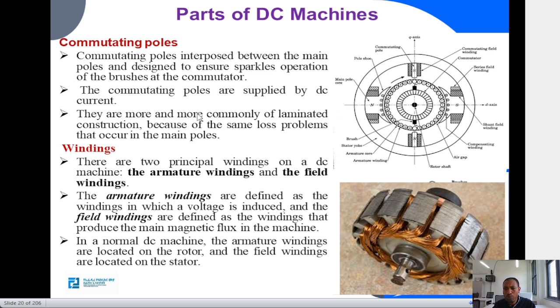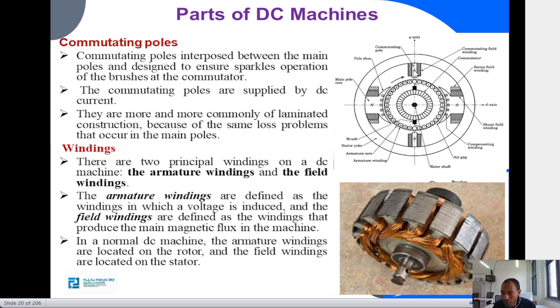The commutating poles are supplied with a DC machine, and their intention is to supply additional flux which is reduced by the armature reaction. They are more or less produced with the same procedures as the main poles. So this part of the DC machine, we call it a commutating pole.